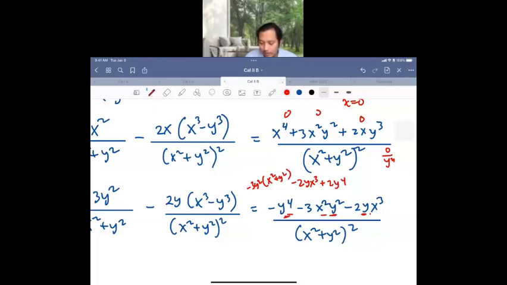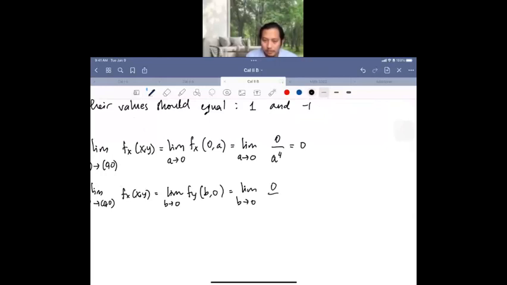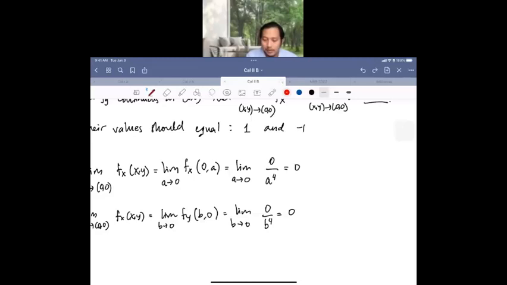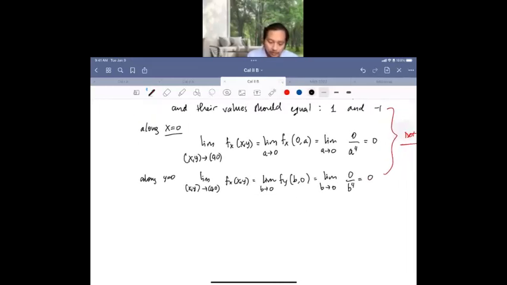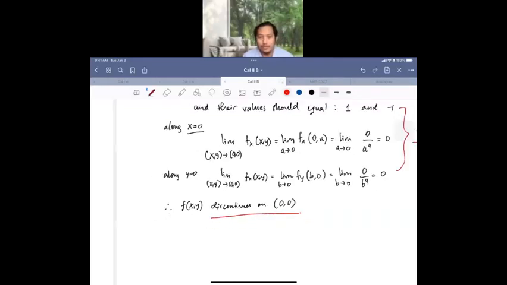So we could have 0 over the fourth power, which is 0. So since these values are not equal, then it has a conflict. We can write down that the function xy is not continuous at 0, 0. That's our conclusion.